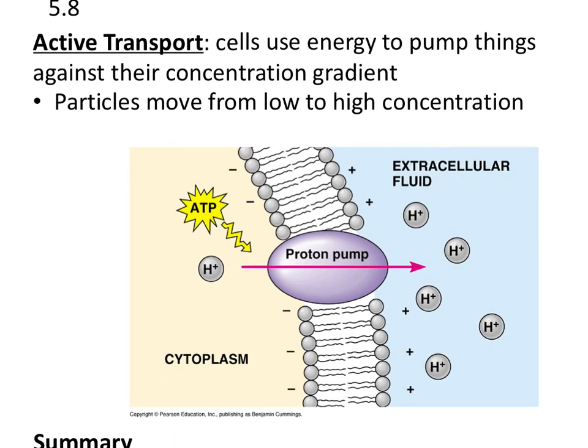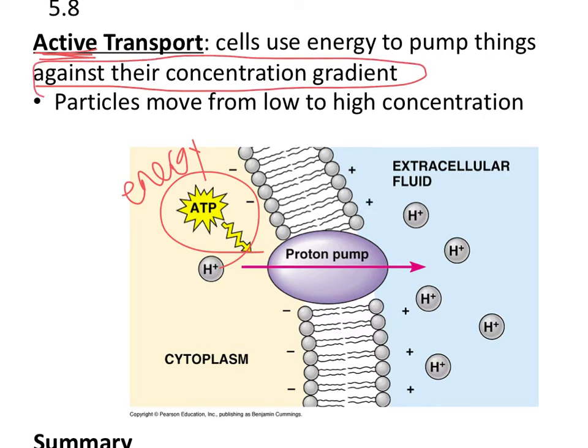On the contrary, active transport is not diffusion. Active transport requires energy in the form of ATP. In active transport, particles are pumped against the concentration gradient, meaning against the way that they would normally flow. Shown here in this picture, we have hydrogen ions being pumped all to one side of the membrane.